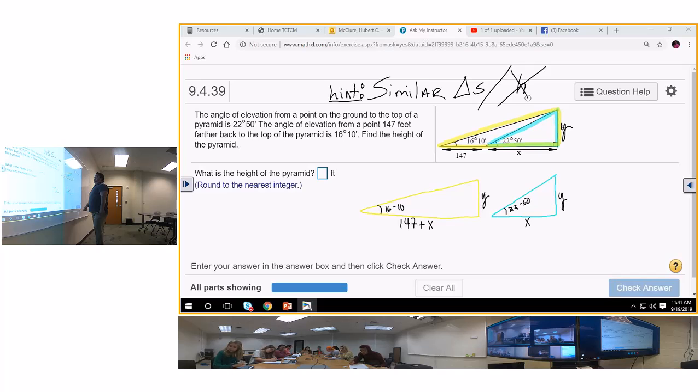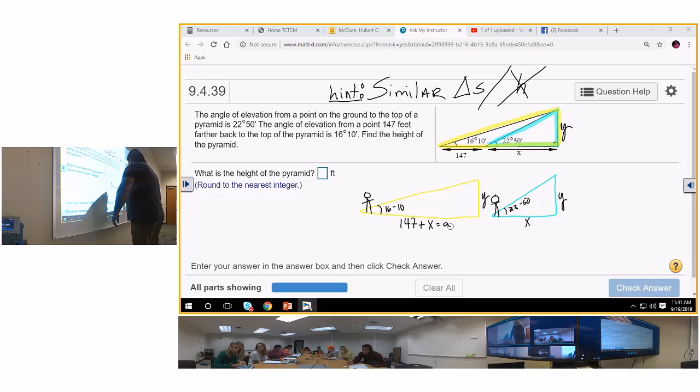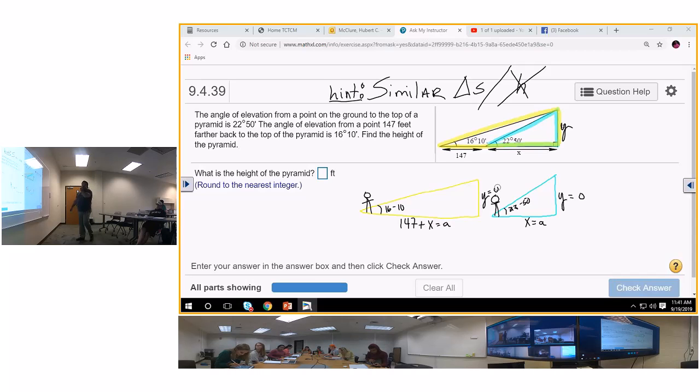Well, what do we have? Since we have the little man down here, we have the adjacent and the opposite. So which trigonometric function gives us the opposite and the adjacent? The tan.